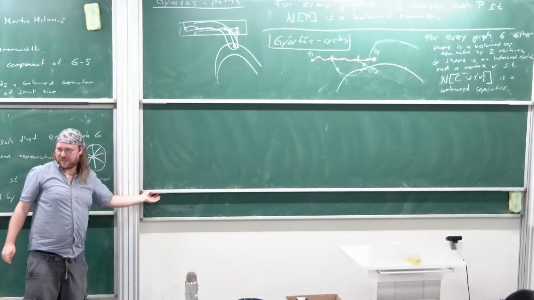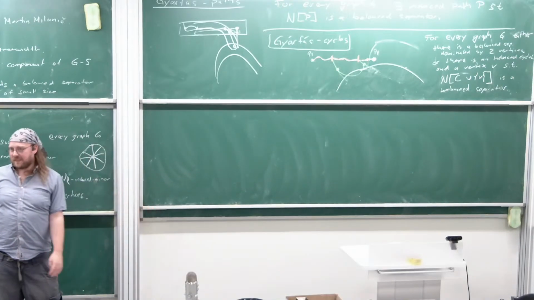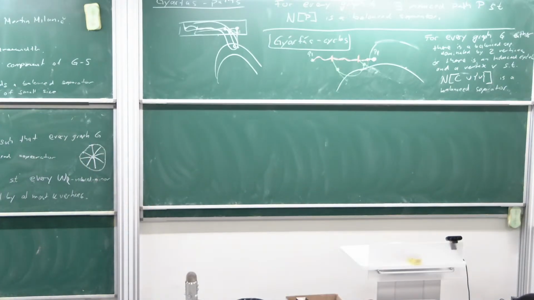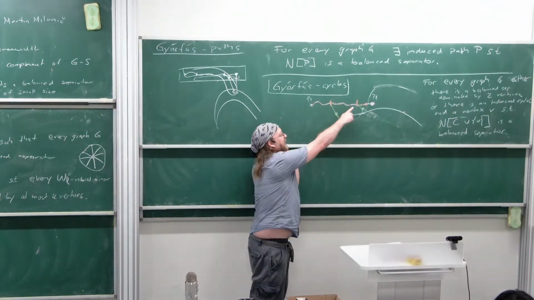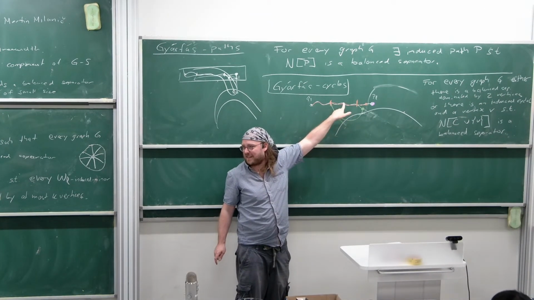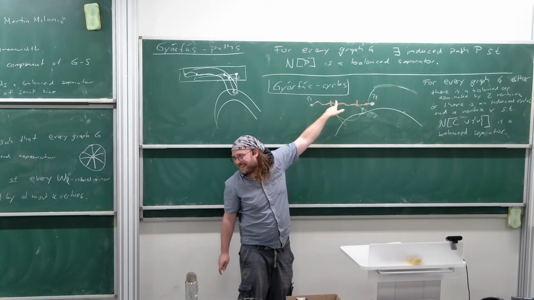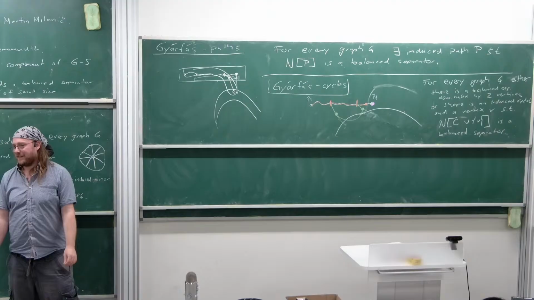So, any questions up to this point? Sorry, why did you write the statement about the separator and 2 vertices? This was just because I possibly have slightly lied to you. If this red path is just one vertex, then we don't find the cycle, but then those 2 vertices and their neighborhoods are enough.